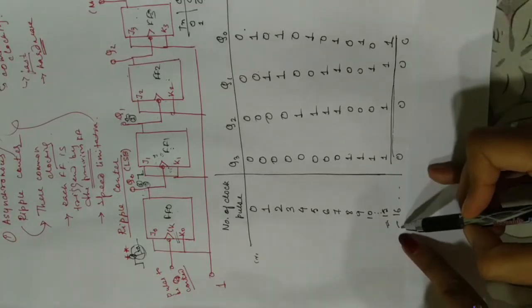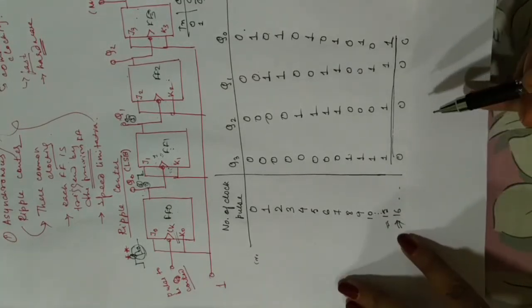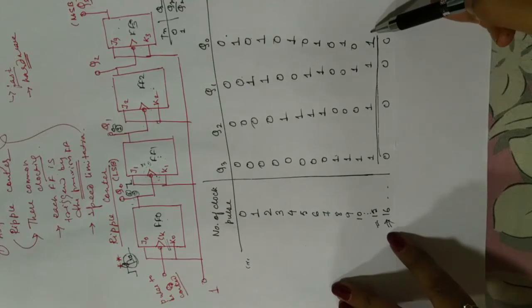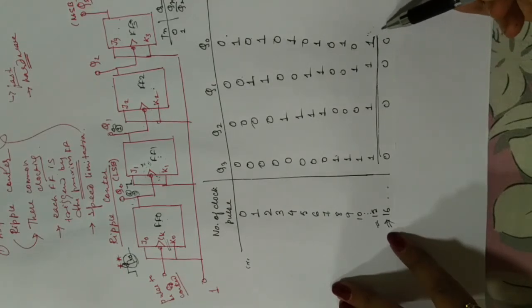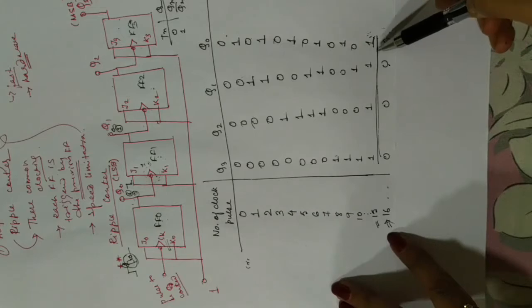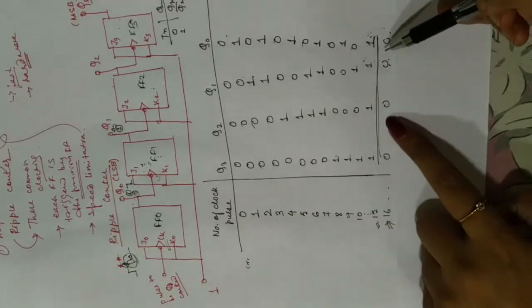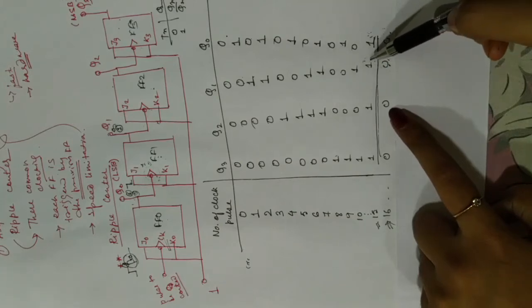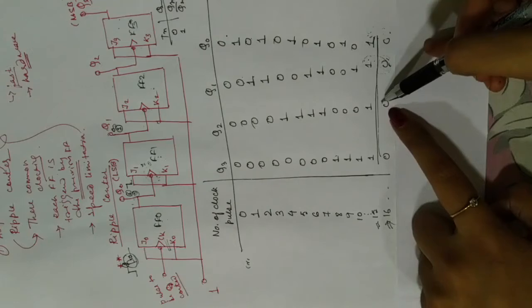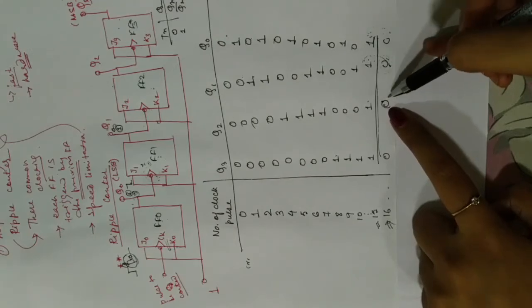So on the application of, by the end of the 16th clock pulse, what happens? Since the clock pulse has been applied over here, this changes state, because in all stages this changes state. This changes from 1 to 0. Since this has fallen from 1 to 0, Q1 also changes. It was 1 previously, it has changed state to 0. Since Q1 has changed from 1 to 0, it is the falling edge of the clock pulse, so Q2 has also changed its state from 1 to 0.